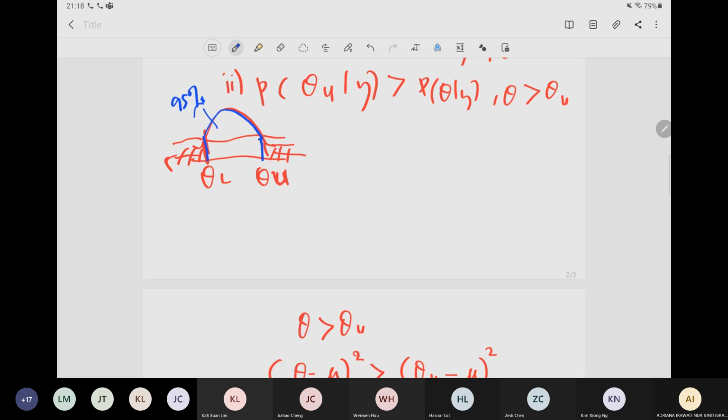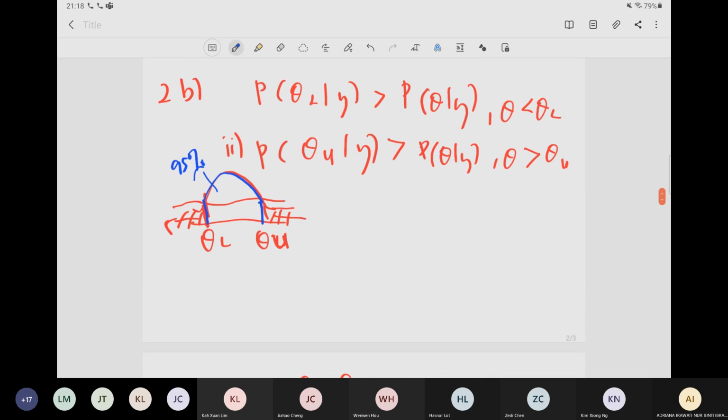I understand that the credible interval is symmetric, but does the 95% HDR interval necessarily have to be symmetric also? No, this is because this is a normal distribution. In this question, it's a normal distribution, that's why it's symmetric. It's not because of the CI or HDR.